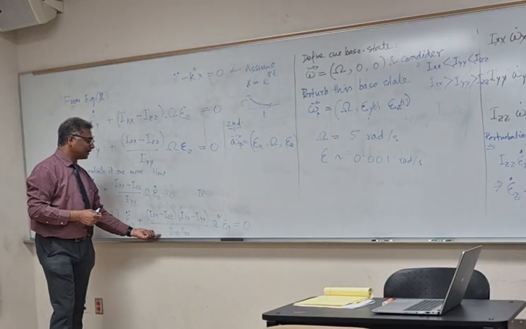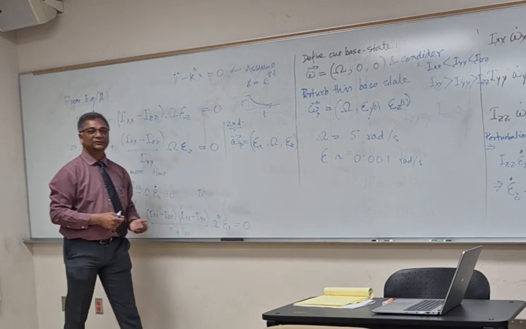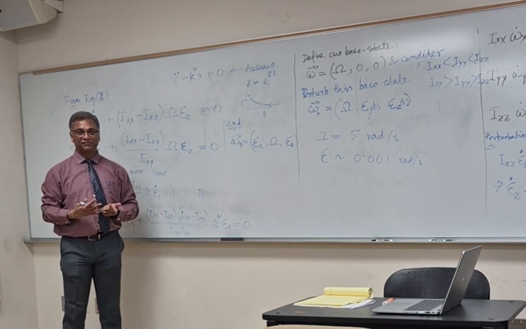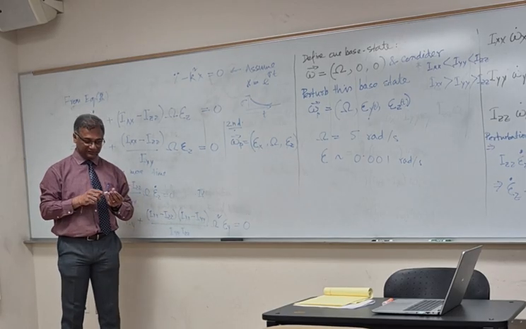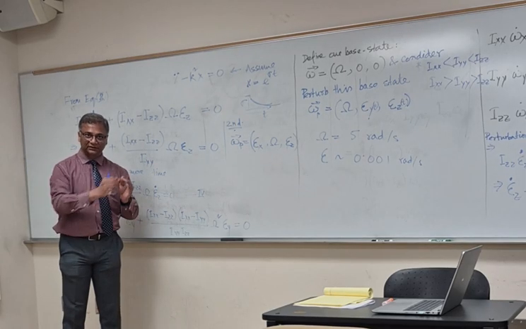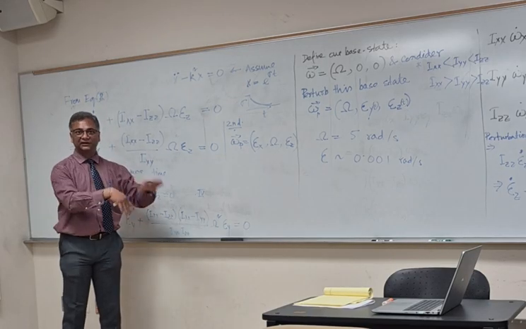If you do the same analysis, you will see that the right-hand term will be positive. And I would suggest you do this analysis by yourself. When you do it on paper, you will find it. If you have any difficulty, I will help you out.